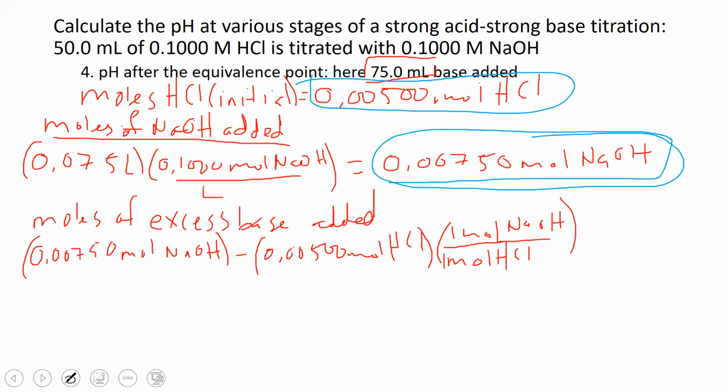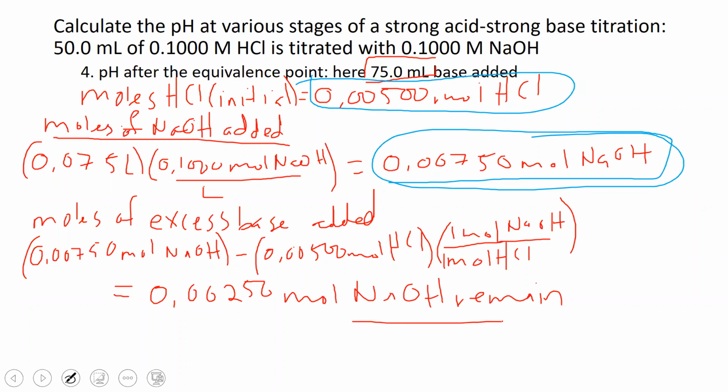And so from that, you wind up having 0.00250 moles of sodium hydroxide remaining. Okay. Now, if you have sodium hydroxide remaining, that means you're going to look for the hydroxide ion concentration because it's a strong base. And so we'll take that into our next slide.